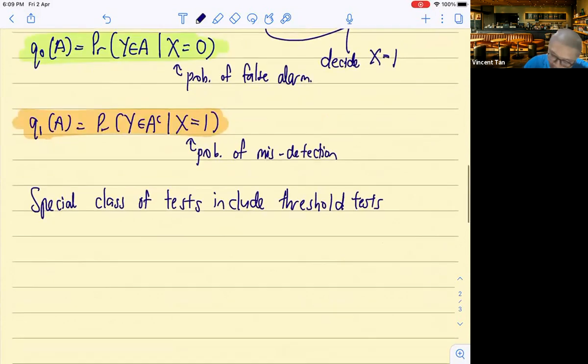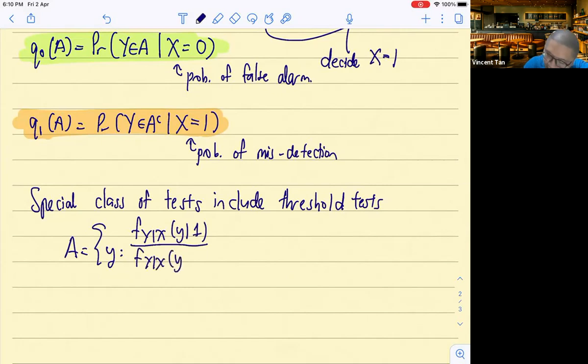Well, threshold tests look like the following. A takes on the form all the Y's such that, okay, now I assume continuous, but it doesn't really matter if you assume continuous or discrete. There is a slight subtlety later and a very important subtlety, but we don't worry about it for now. So you are thresholding the likelihood ratio.